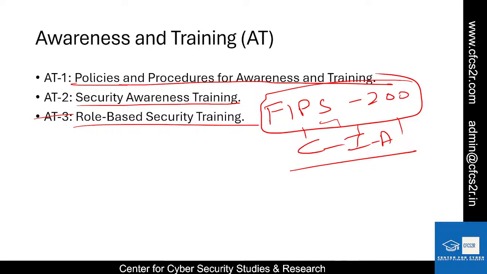Whenever we talk about 81, that is policy and procedure. What is basically important, and the guidance provided by the standard SP 800-161 Revision 1, is that the organization should designate a specific official to manage the development, documentation, and dissemination of the training policies and procedures.